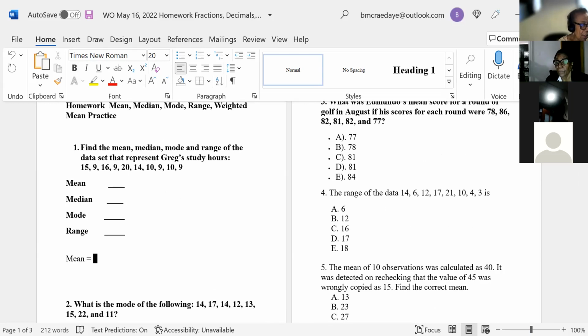So she added all the numbers and let's see, 15 plus, let's just put them all in, plus 16 plus 9 plus 20. This is the way you calculate the mean, add up all your data items.